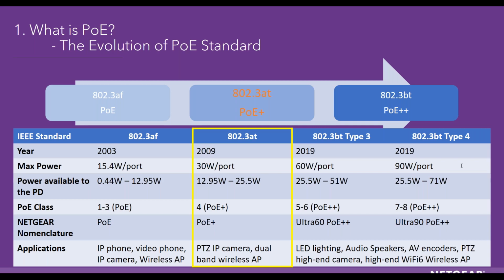Active PoE devices perform a handshake, which checks to ensure the power is compatible between the PoE sender and the receiver. If the receiver acknowledges that the power is compatible, the power will be supplied. If not, it will not be powered up.